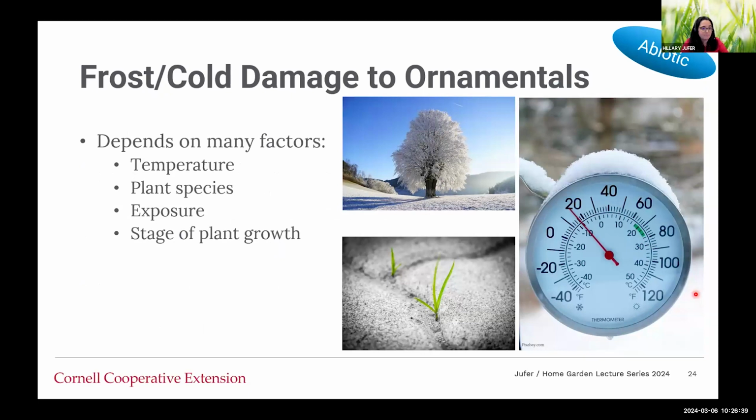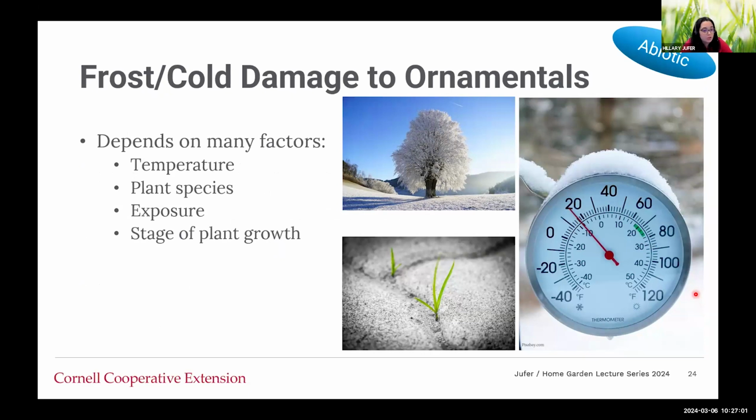So another possibility is frost or cold damage in ornamentals, abiotic. So we just talked specifically about evergreens. Now we're going to talk about ornamentals as a whole. And it could be dependent on a few factors, well, any and all these factors, really.